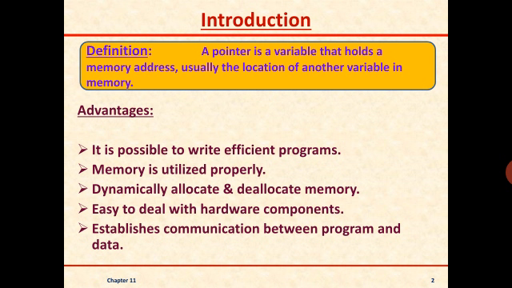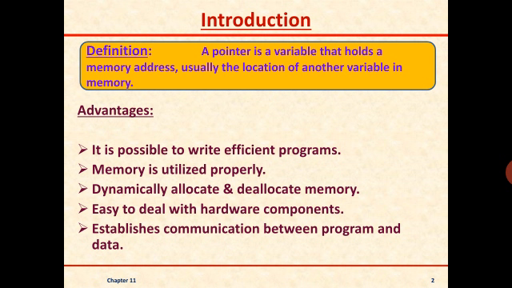Then why should we not use the simple variable, and we have to use the pointer variable? There are some advantages of pointers. First one is it is possible to write efficient programs. Second advantage is memory is utilized properly. Third one is dynamically allocate and deallocate the memory.